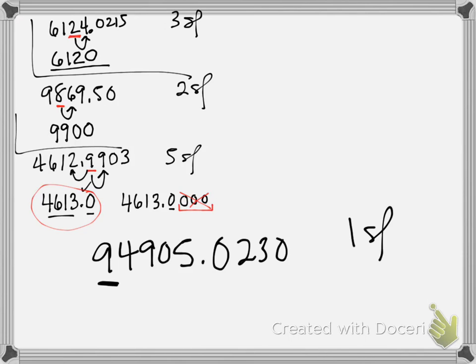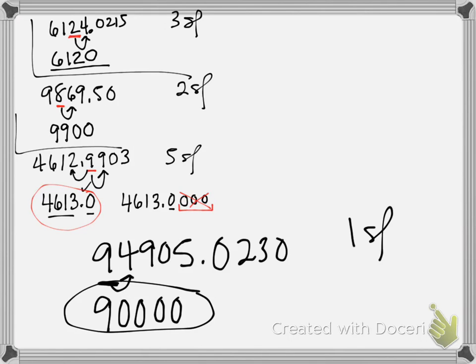Now, because the numbers that I'm sort of vaporizing are in front of the decimal, I have to put in placeholders for those, so I get, and we're rounding based on this, it does not round up. So we get 1, 2, 3, 4 zeros. And again, you can look at that and check yourself, are those zeros significant? No, they're not. So you've rounded it correctly if you've done that.